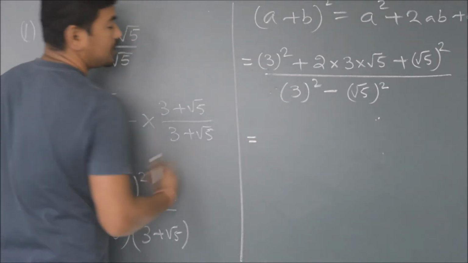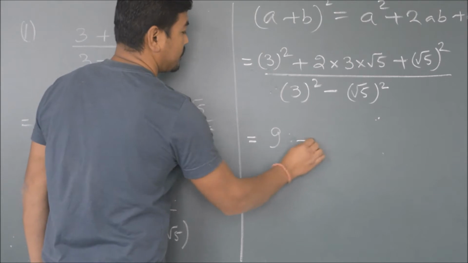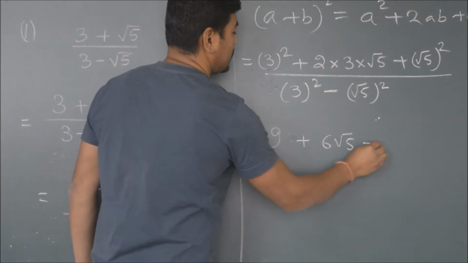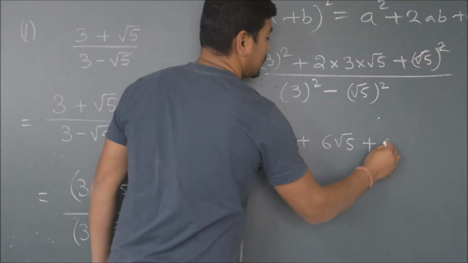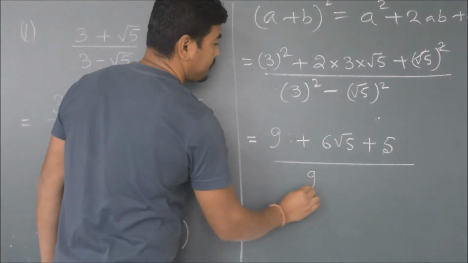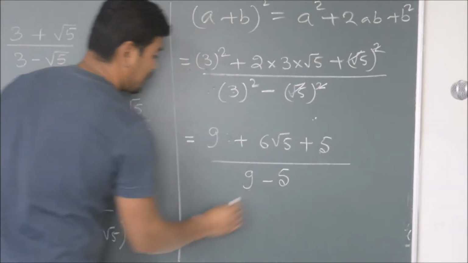So let's simplify further. 3 square is 9, plus 2 into 3, you get 6 root 5, plus the square and square root will cancel, you get 5, divided by 3 square is 9 minus, here also it will cancel to give you 5.